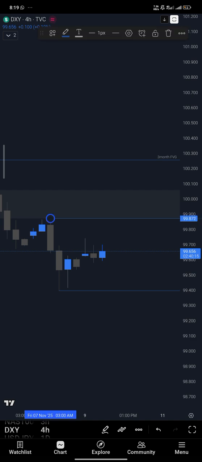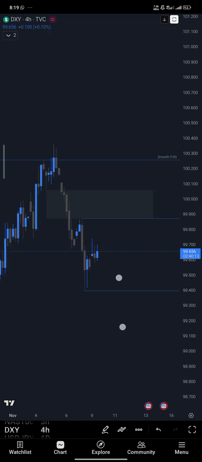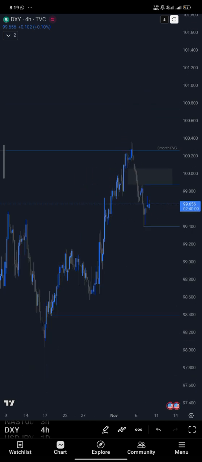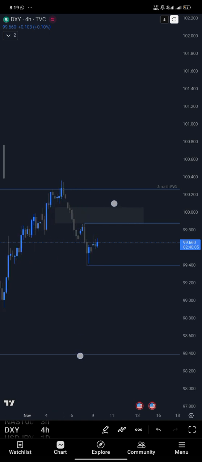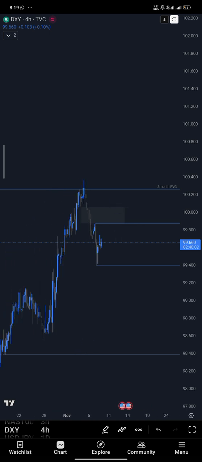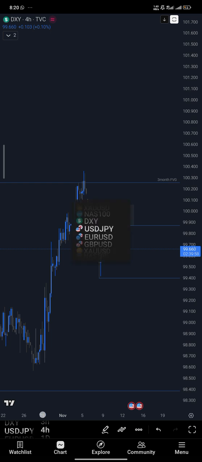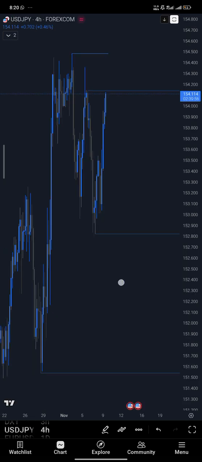Swing high, swing low, very good. So this is what I have, and this is that weekly draw on liquidity. So we still have a long way to go if we are bearish on dollar.